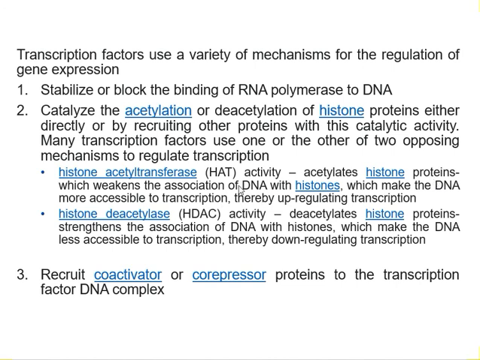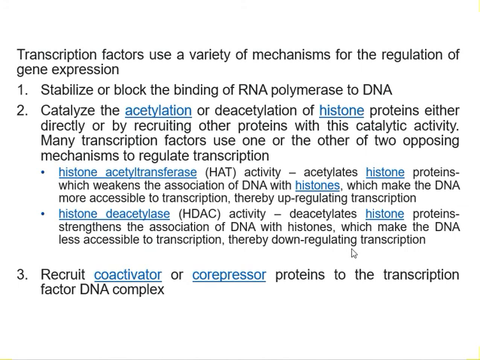The DNA is now free from these proteins, more accessible to transcription, or more open. What do the histone deacetylases do? They deacetylate the histone as well as non-histone proteins and strengthen the association of DNA with these proteins, which makes the DNA less accessible to transcription.